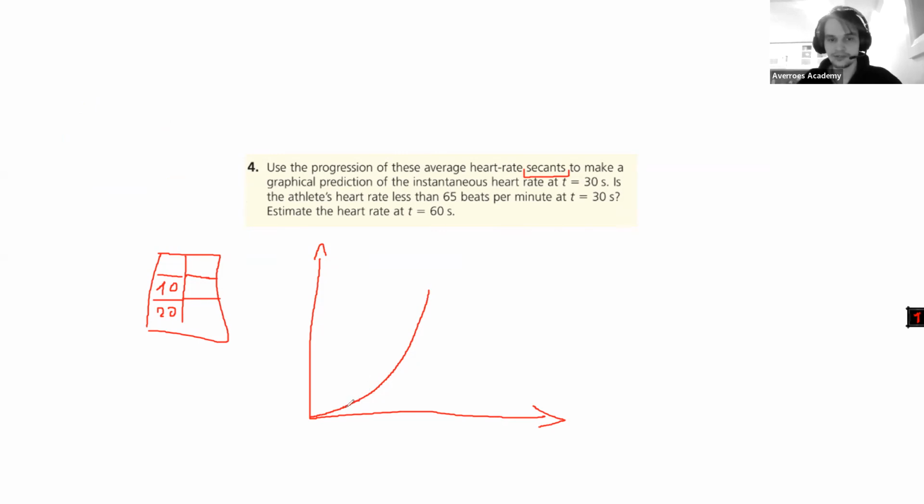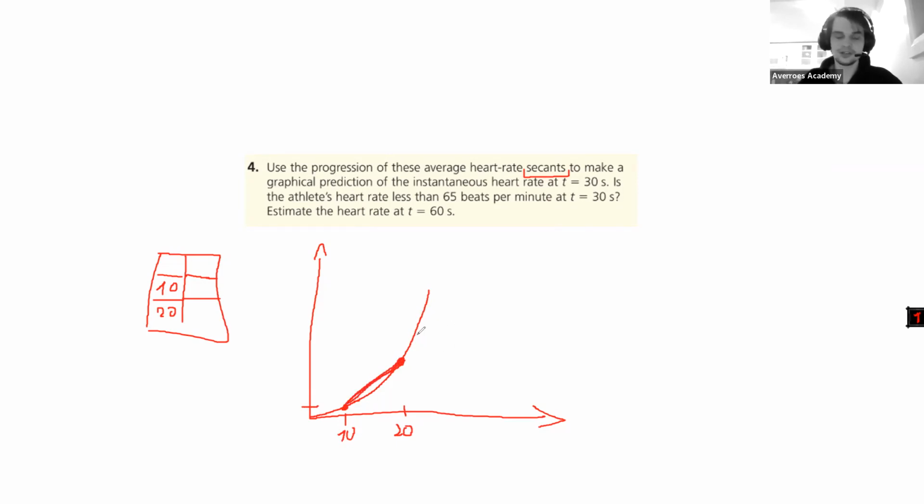So let's assume we have a certain value of heartbeats at the point of time 10 seconds, and we have some number of heartbeats at the point of 20 seconds, okay? And the secant between these 2 points is going to be a straight line that connects both of them.